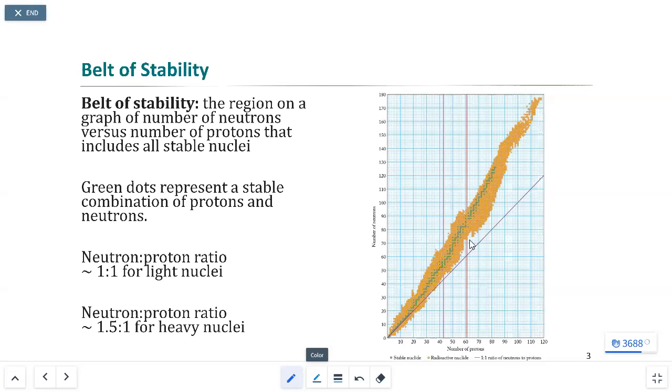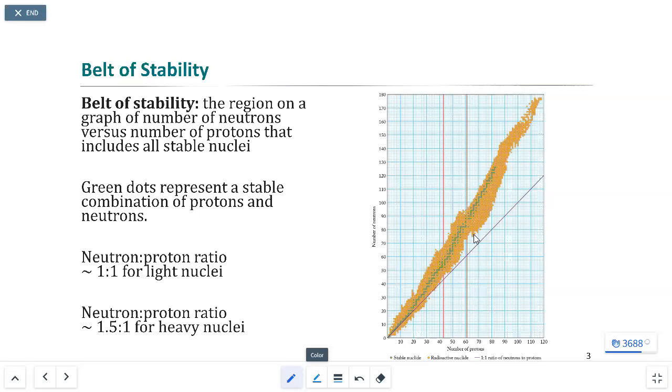Now you can see that for some of these atoms, for some of these elements, because remember, protons equal atomic number, any of these dots that are in a vertical column would all be isotopes of a given element. So if I'm looking at element number 60 here, all of the dots that fit on this x equals 60 line, these are all element number 60, neodymium, Nd.